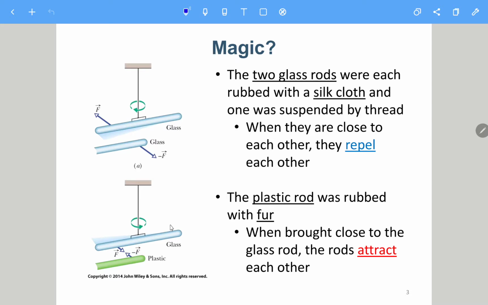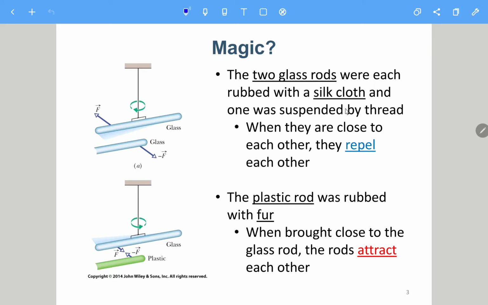So actually, for the second one, we change this glass rod into a plastic rod. We still rub it, but we rub it with fur. We don't rub it with a silk cloth. We rub it with fur. And then we also try to put it close to this hanging glass rod.